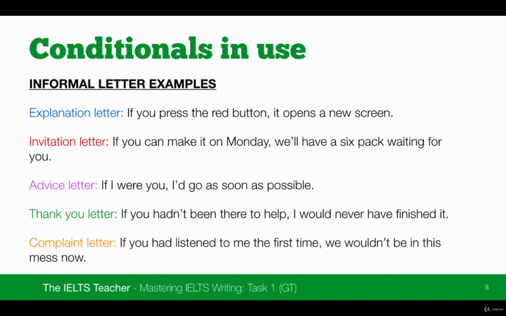And again, one more, have a look at another mixed conditional in the form of a complaint letter here. If you had listened to me the first time, we wouldn't be in this mess now. So the first half looks like a third conditional. If you had listened to me, you've got that past perfect, but we follow it with something that looks like the second conditional, would or wouldn't plus the infinitive.